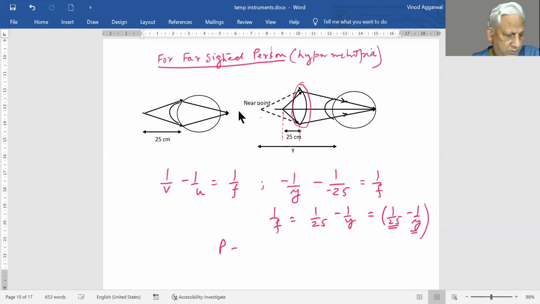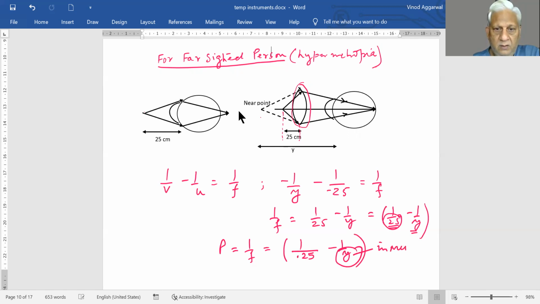So power will be equal to 1 by f, which is equal to, this was 25 centimeters, so this becomes 0.25 meters, and y also you have to take in meters. So this is the power of the lens which is required for a hypermetropic person.